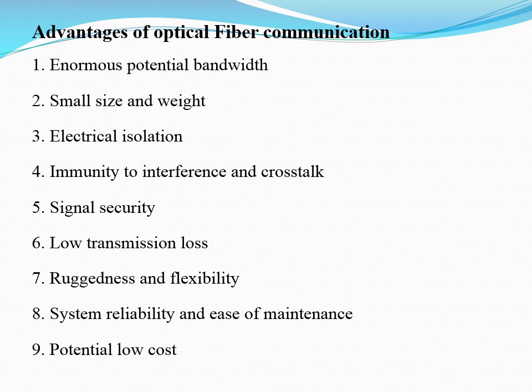This RF and EMI, electromagnetic interference, is very less in optical fibers. So it has a very high immunity towards the interference of RF and electromagnetic signals. That is a very good advantage.